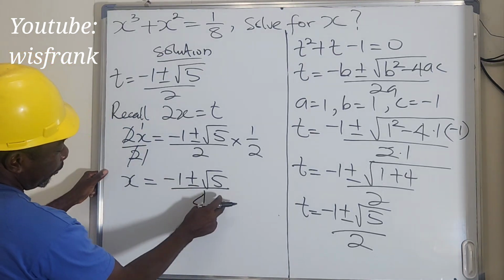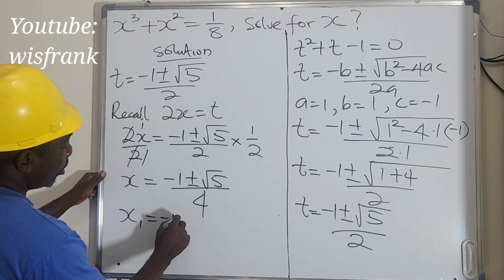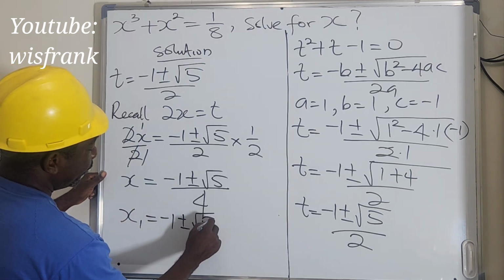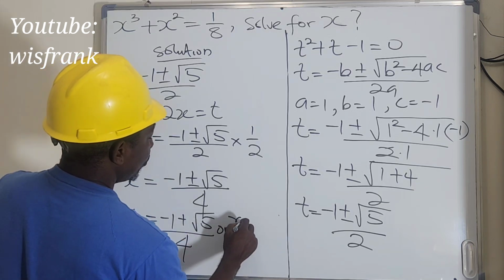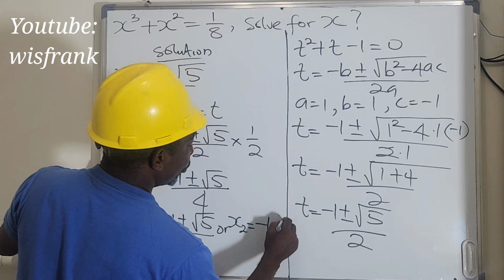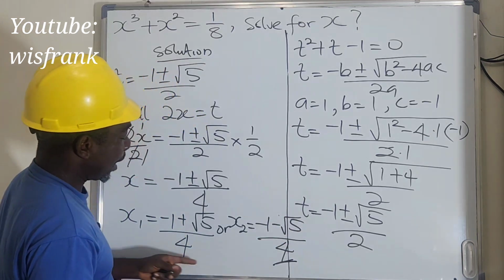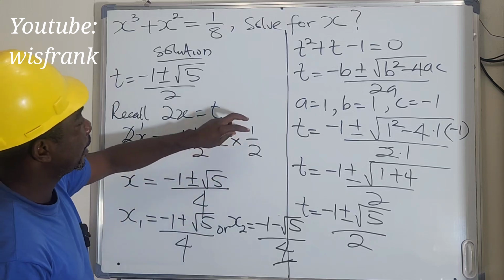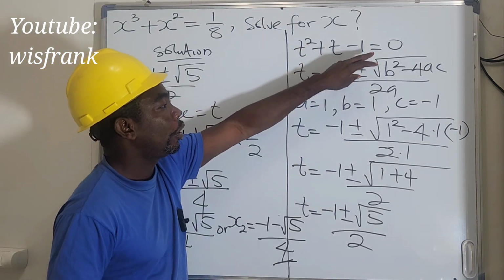So we have two values of x in this case. So the first one, which is x1, equals to minus 1 plus square root of 5 all over 4. Or we have x2 equals to minus 1 minus square root of 5 all over 4. So these are the values of x for this, our t raised to the power of 2 plus t minus 1 equals to 0.